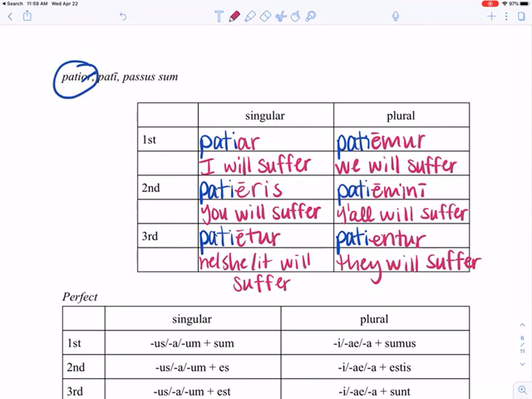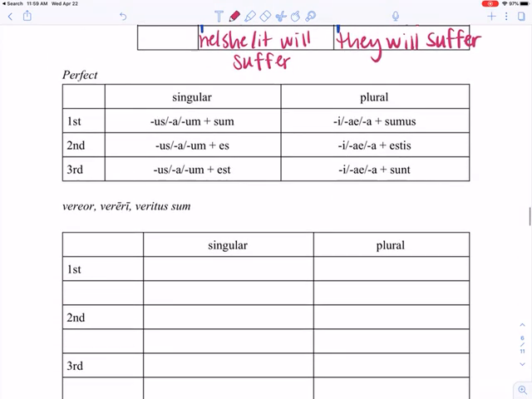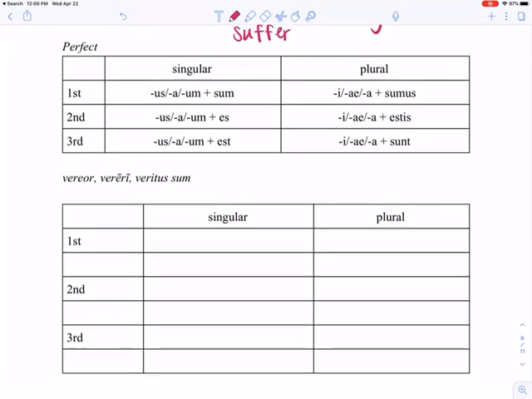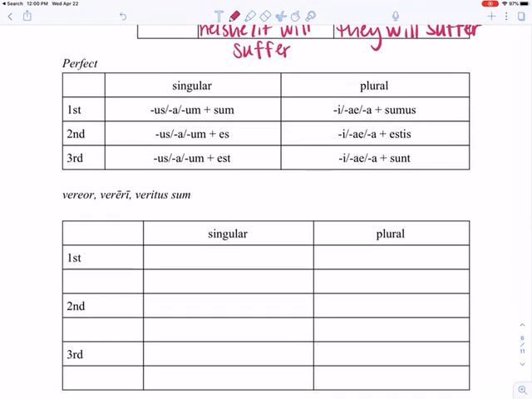Okay. All right. So now we're getting into perfect, pluperfect, and future perfect. And we're only going to have one example for each because remember, we are using that fourth principal part in a form of sum. Okay? Don't forget over on the plural side, the endings on the fourth principal part change.